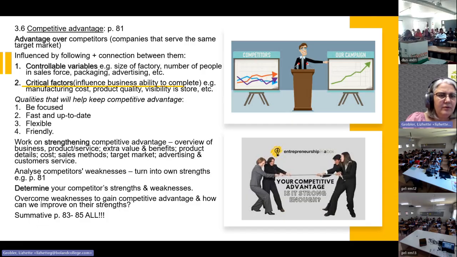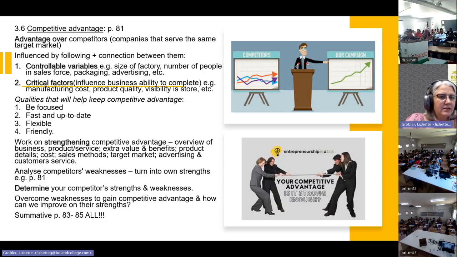Packaging could have an influence as well as the advertising. Then the critical factors, that is then influencing the business ability to compete. Manufacturing costs as well as the product quality, and then the visibility in the store. So what does the store look like inside?